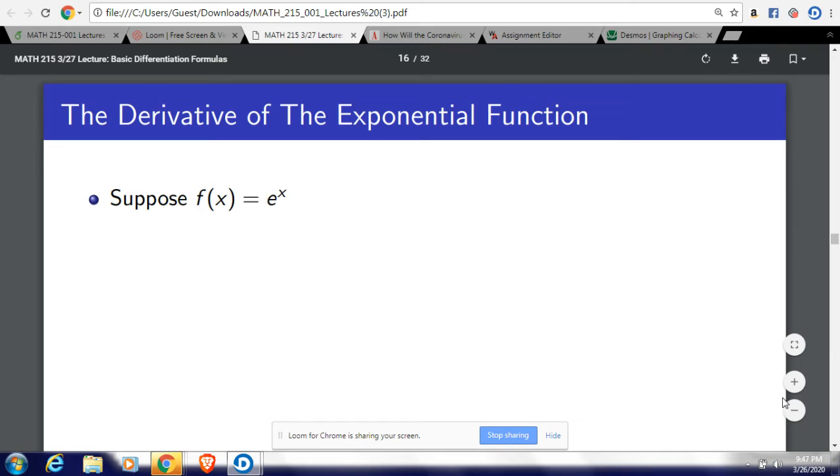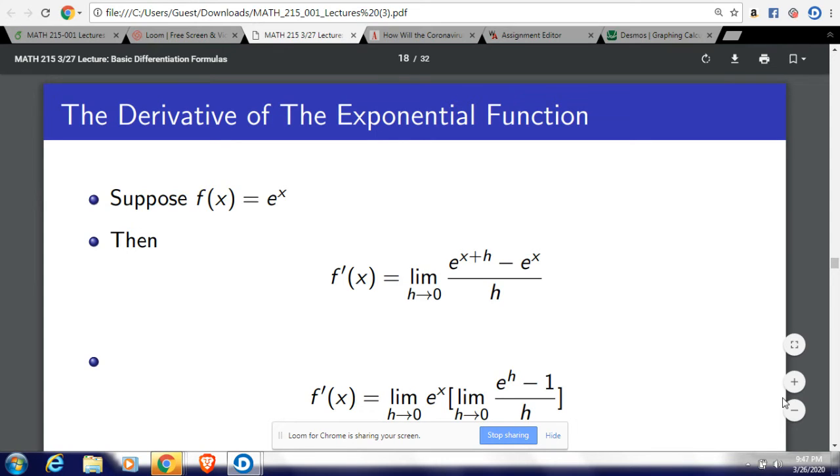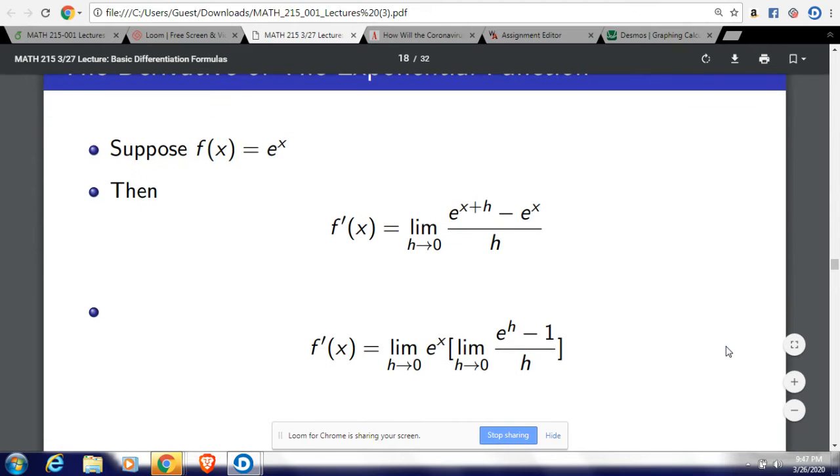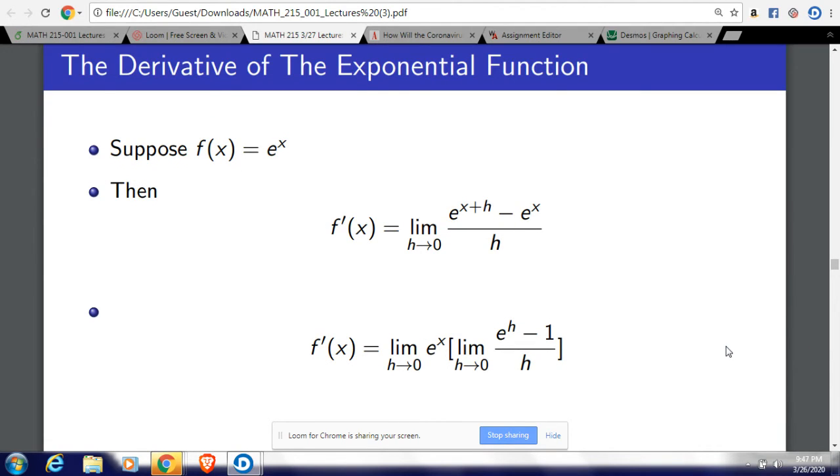Okay, so how about the derivative of the exponential function? If f(x) is e to the x, then f prime is the limit of this difference quotient.